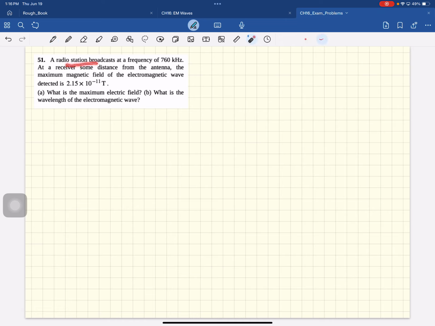A radio station broadcasts at a frequency of 760 kilohertz. At a receiver some distance from the antenna, the maximum magnetic field of the wave is 2.15 times 10 to the minus 11 Tesla. So the magnetic field in this wave is, what is the Earth's magnetic field?